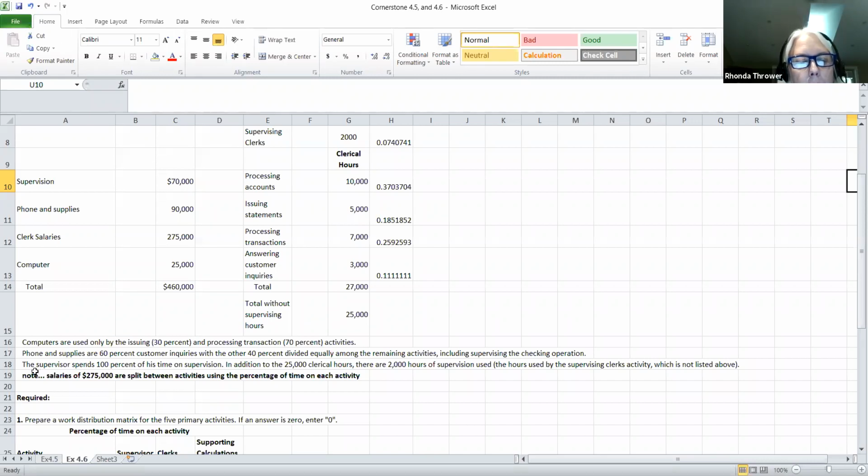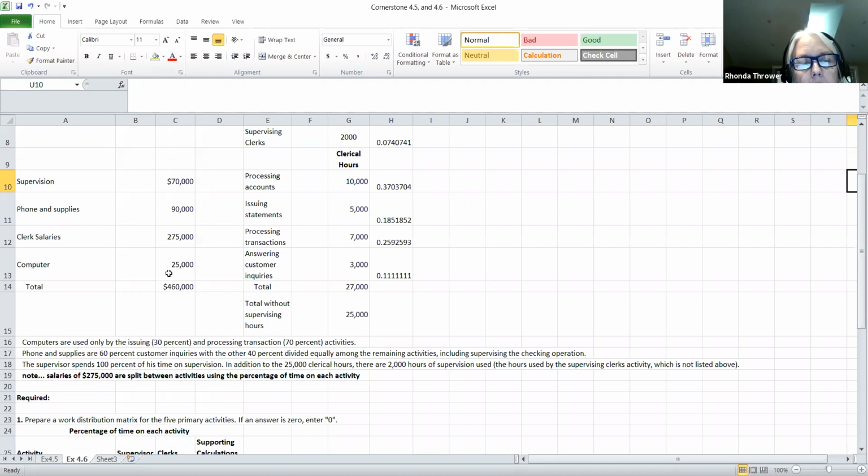And so notice that I put my own little note here. I've got this highlighted for you. This was not a part of the problem, but I thought it might help explain what we were really doing in this problem. I feel like Cengage left off some stuff that they probably should have told you here. And this is what I think they should have told you in addition to this other stuff.